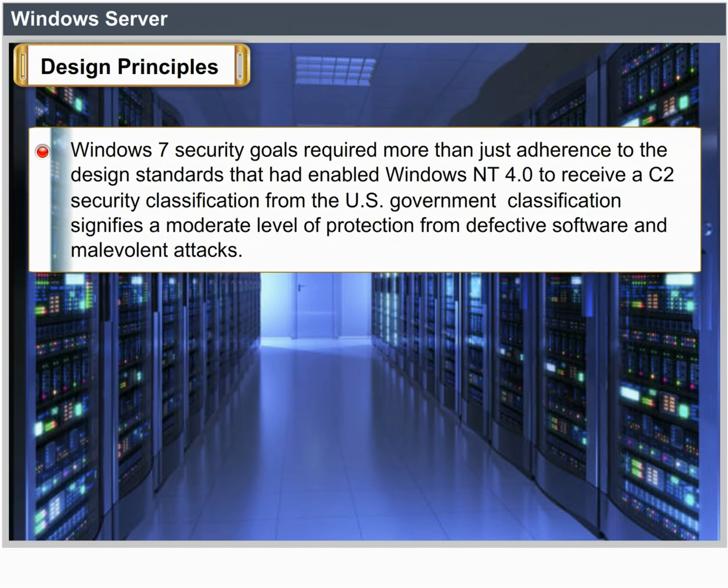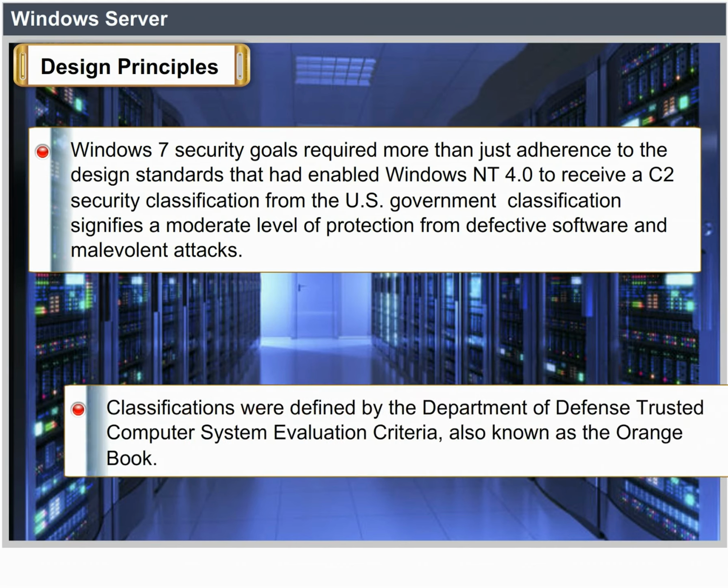Windows 7 security goals required more than just adherence to the design standards that had enabled Windows NT 4.0 to receive a C2 security classification from the US government. This classification signifies a moderate level of protection from defective software and malicious attacks.